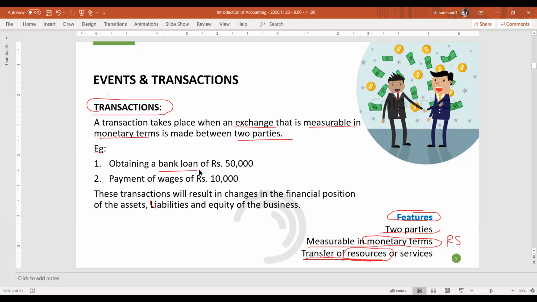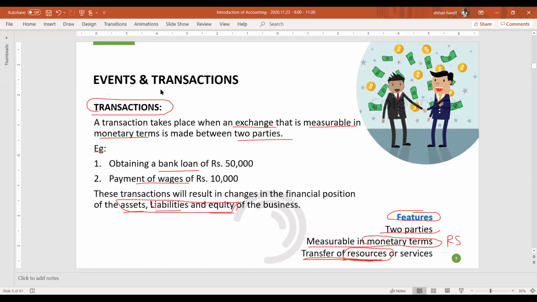Obtaining a bank loan: there is a bank, there is a person who is getting the loan, and there is a monetary term and an exchange. Payment of wages, right? So this will affect assets, liabilities, and equity. Later I will explain all these terms.